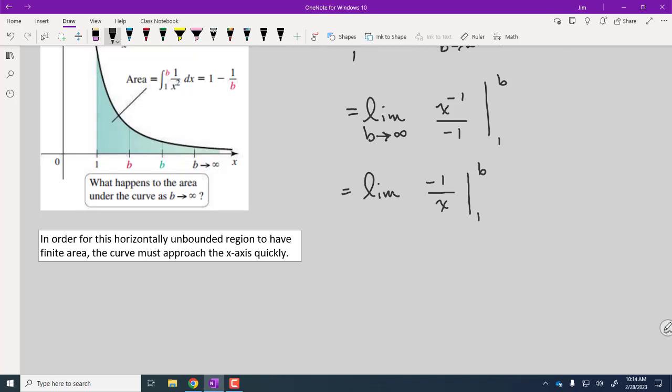Some folks are fine with negative exponents, but in general, it's usually easier to look at a limit when you don't have any negative exponents. So this is going to be the limit of negative 1 over b minus a minus is plus 1 as b goes to infinity.